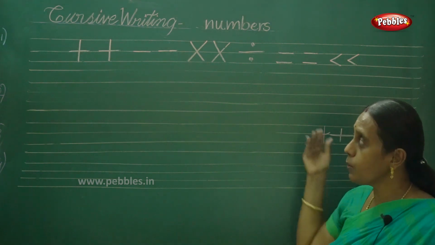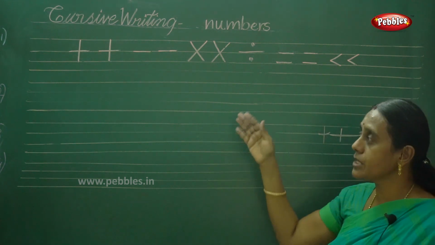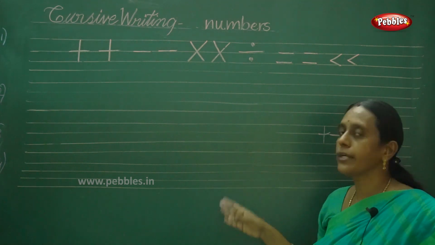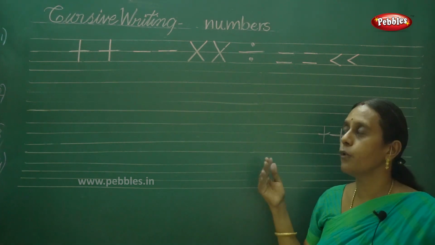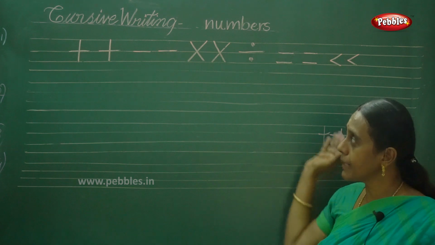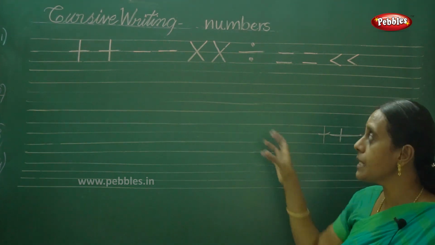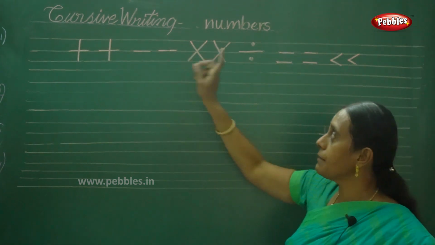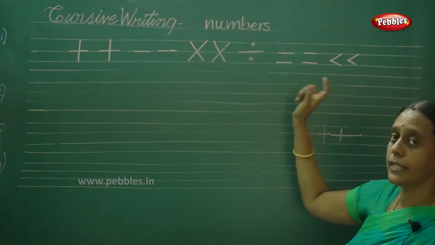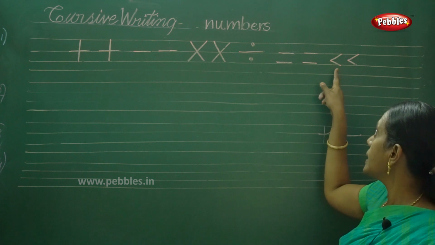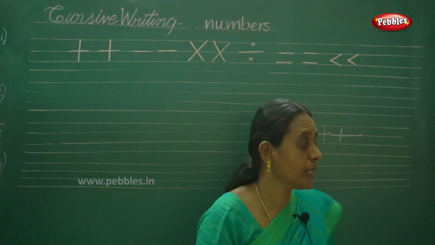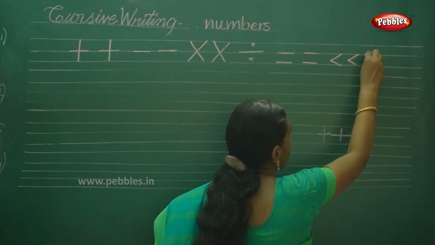Practice first in a checked notebook, grid notebook or 4 lines notebook. Make them practice these signs first. Okay, signs and symbols: addition, subtraction, multiplication, division and equal sign, and the lesser sign. One more thing is the greater sign.